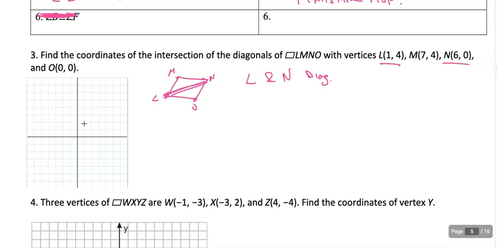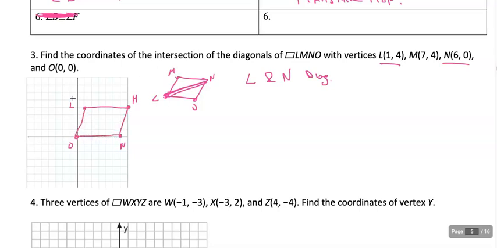But here's L, 1, 4. Here's M, 7, 4, and here's N, 6, 0. Here's O, 0, 0. So just to show you, L, M, N, O, right?